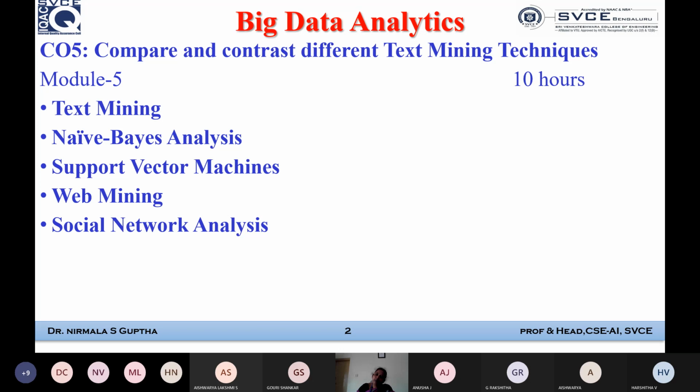That is, compare and contrast the different text mining techniques. Any doubt in this? What are we going to learn for the next few weeks or days? Any doubt in this? Shall we proceed?